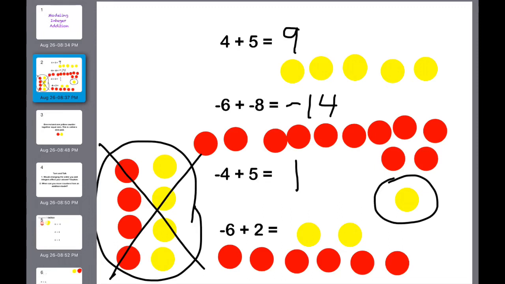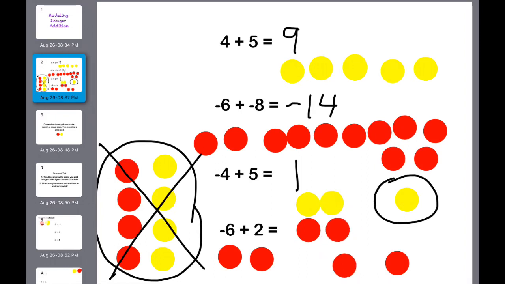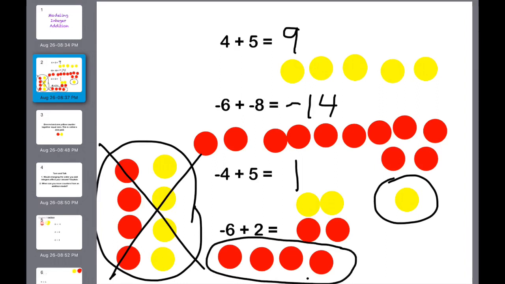Next, we're going to make as many zero pairs as we can. There's 1 and there's 2. So those are not part of our solution. And what we have left is 4 negative numbers or 4 negative counters. So this is our final solution. We have -4. So -6 plus 2 is -4.